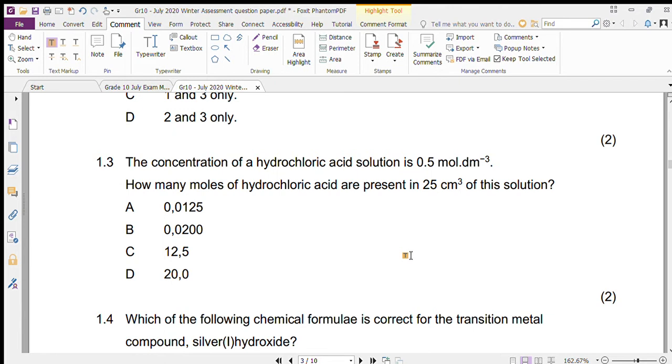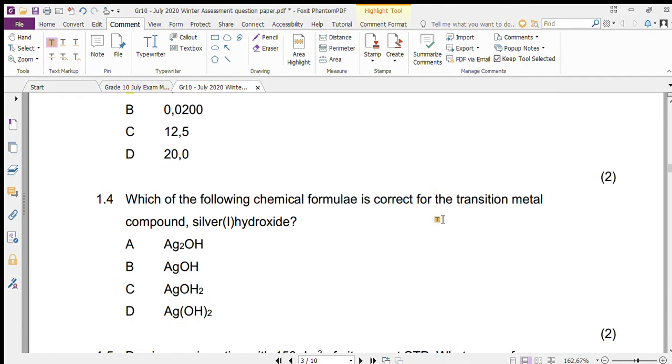So moles is n equals m over Mr. So all you had to do was put in the information that you needed, and you should have come out with A. It should be 0.0125. So this was a plug and play question. And you were given the concentration, so you could have worked backwards using the concentration formula.